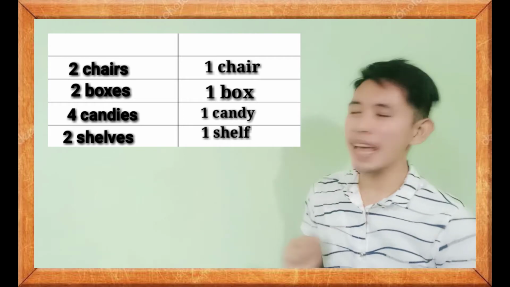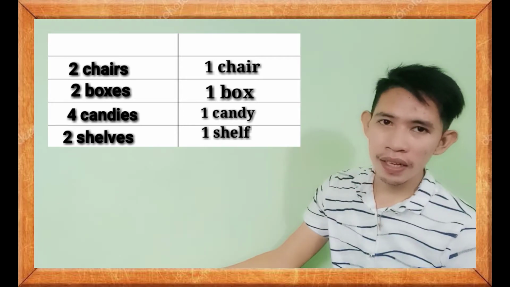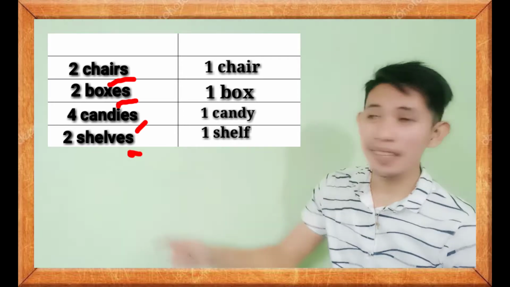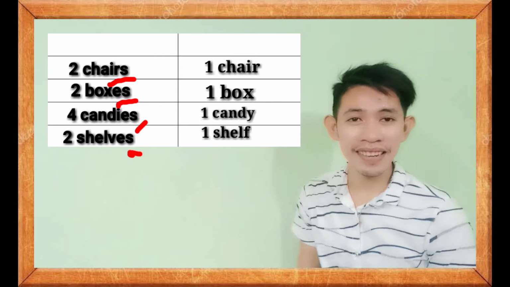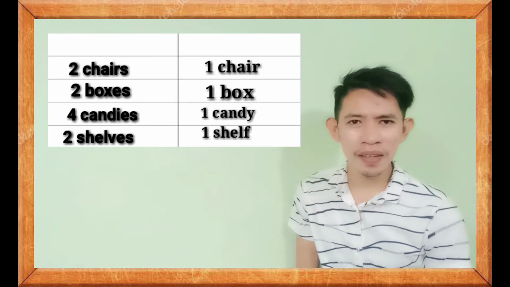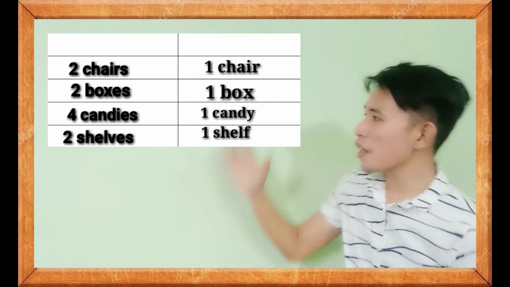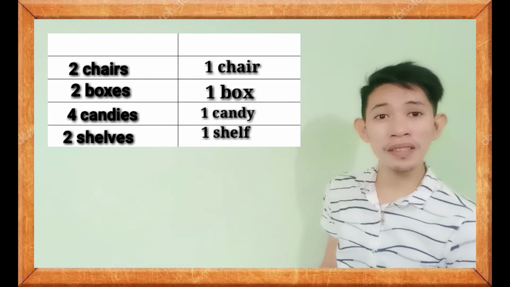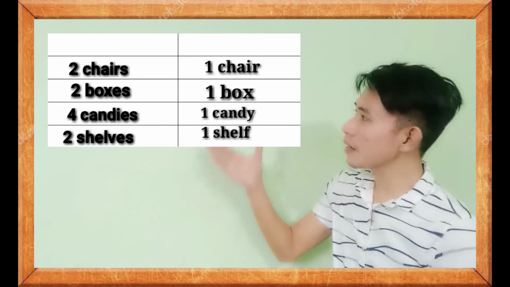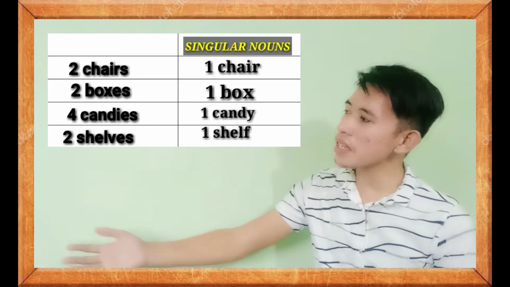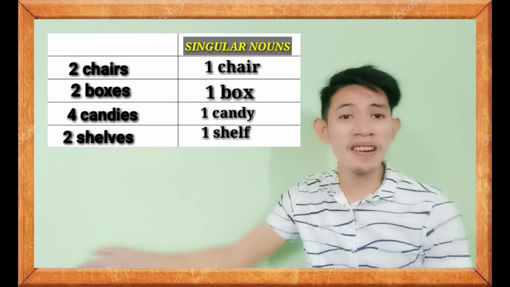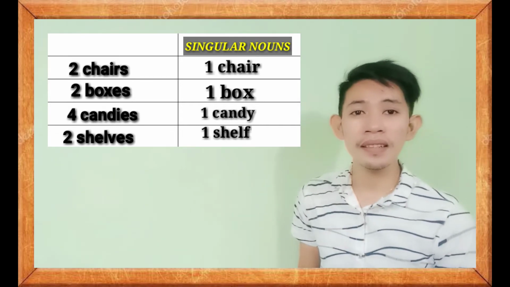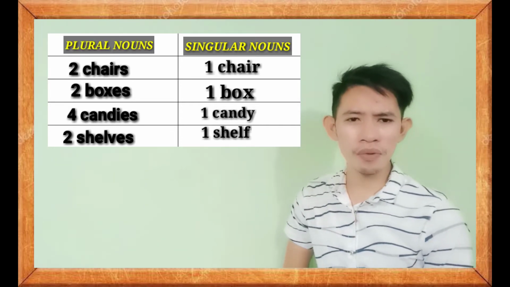And at the end of the word, each has S, right? So the first column is what we call singular nouns. And this column is what we call plural nouns.